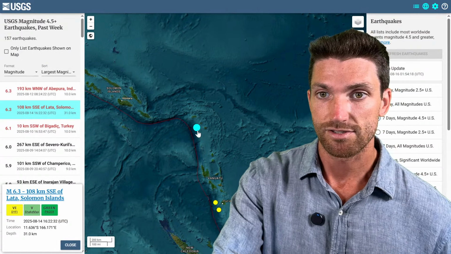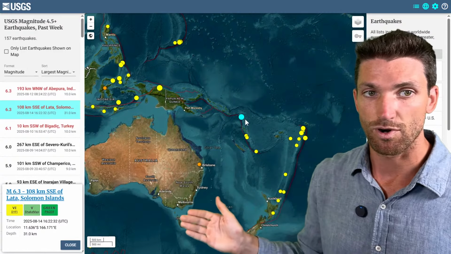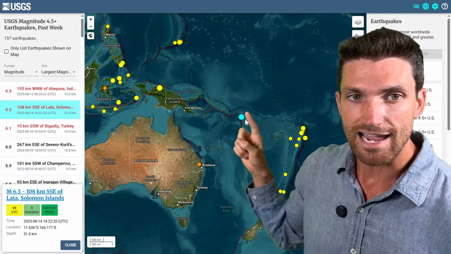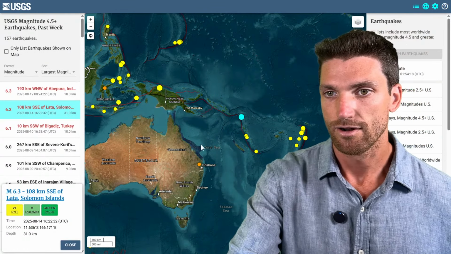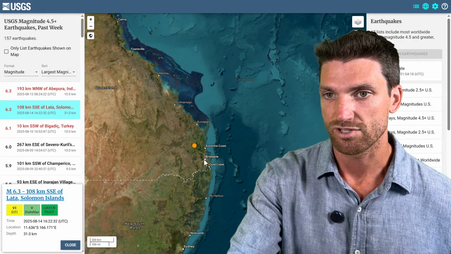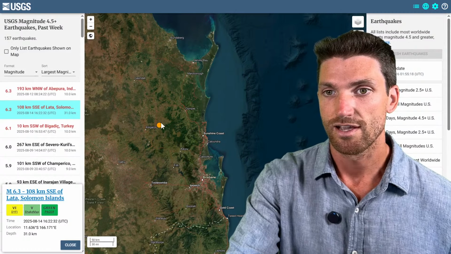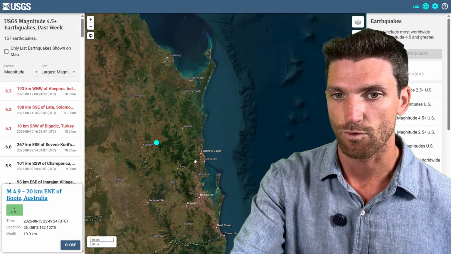And so what's interesting about that is that we had this 6.3 just about 30 hours ago, and now we've had this magnitude 5 earthquake northwest of Brisbane. Originally clocked in at a 5.6 according to Australians. They have downgraded it to a 5. USGS has it as a 4.9.